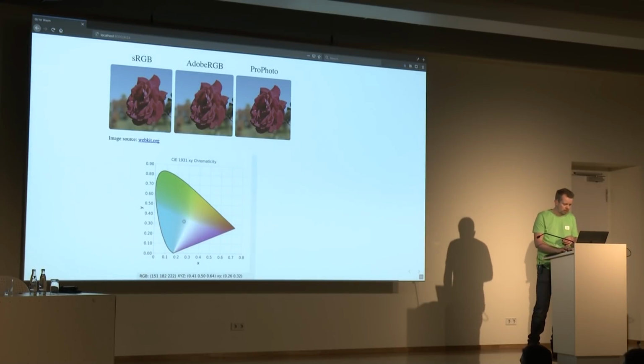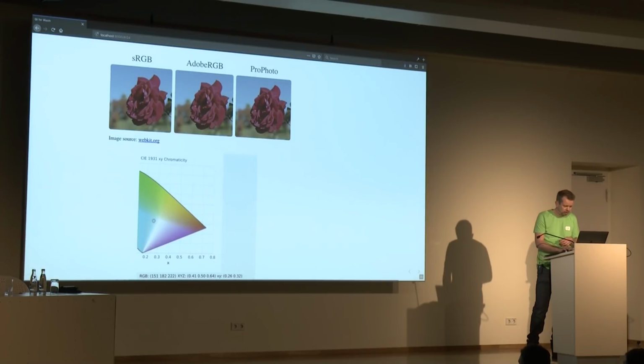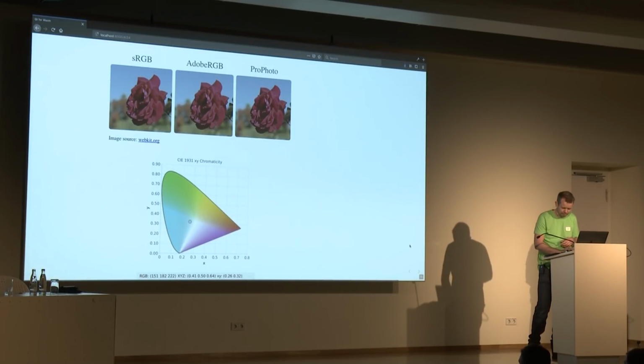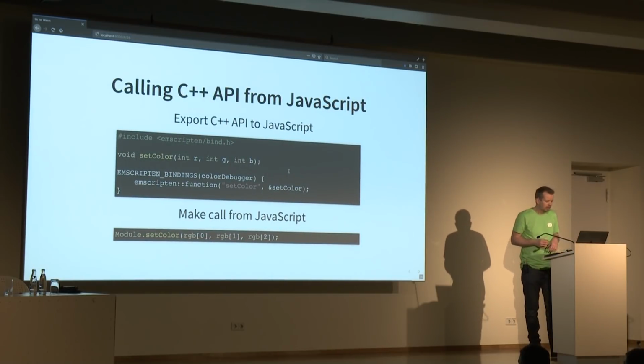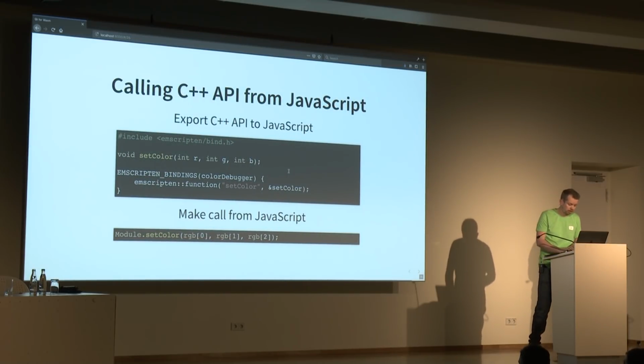So let's see. Oops. Yeah, Qt is stealing the keystrokes here, but luckily I have a button. So yeah. And just to show you how this works, in this example I have a specific C++ function, setColor, and I use this Emscripten macro to export it.